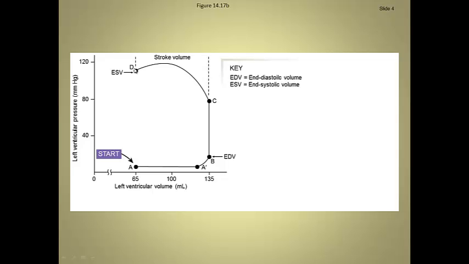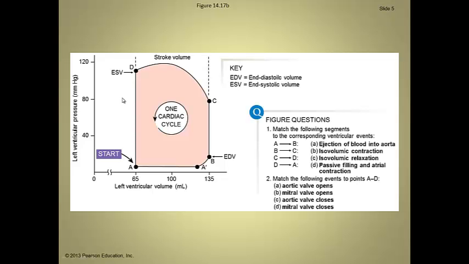Now, once we reach point D, this is where the semilunar valves close again. The pressure is dropping below arterial, the semilunar valves close, and from D to A is isovolumetric relaxation. So here, all the valves are closed.